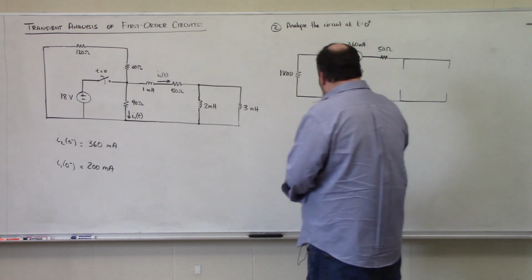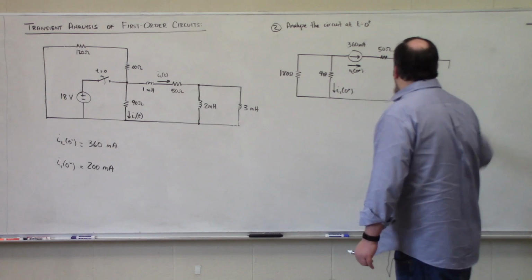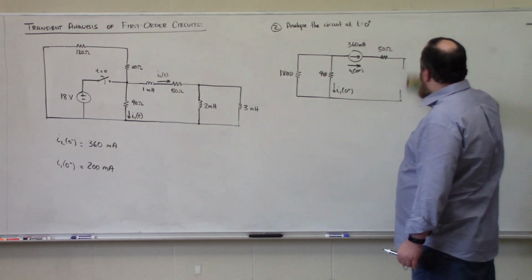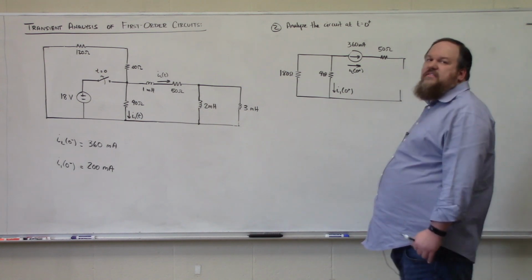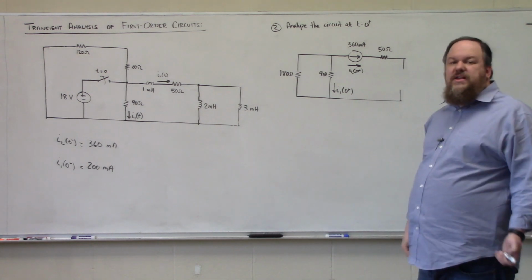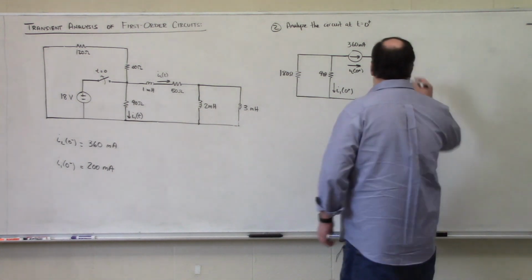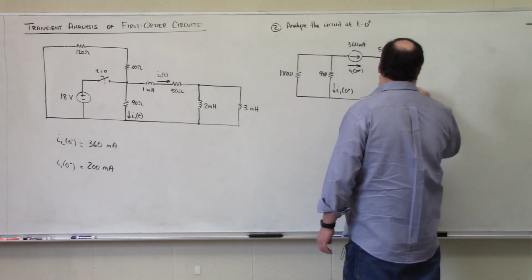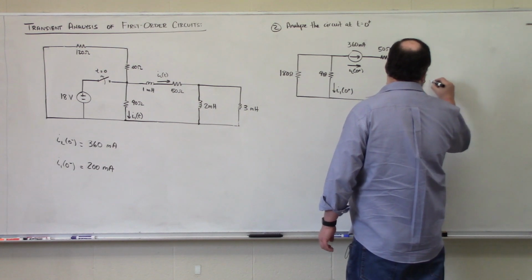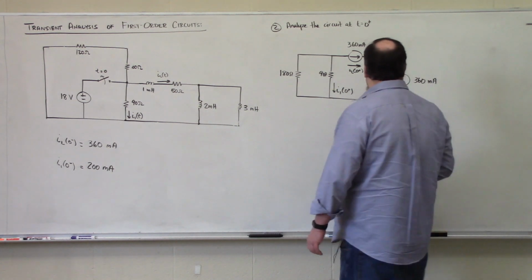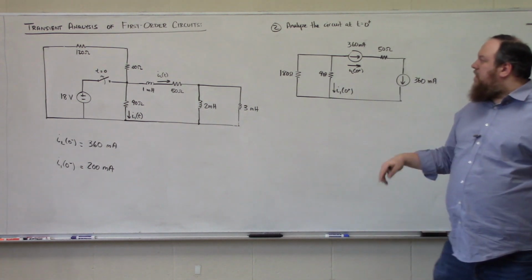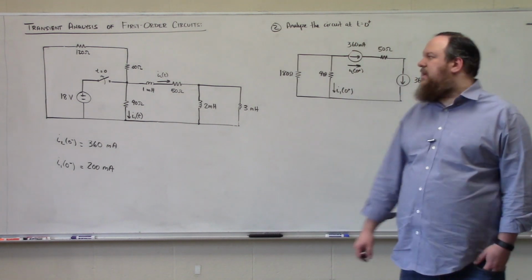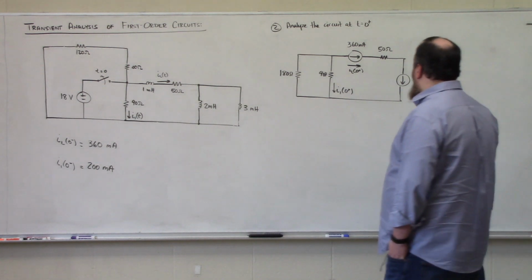So I would argue that if we treat this like an individual equivalent inductance instead of two separate inductances, it will make our life easier. So we know that a combined total of 360 milliamps of current flows through this network comprised of the 2 millihenry and 3 millihenry inductors in parallel.